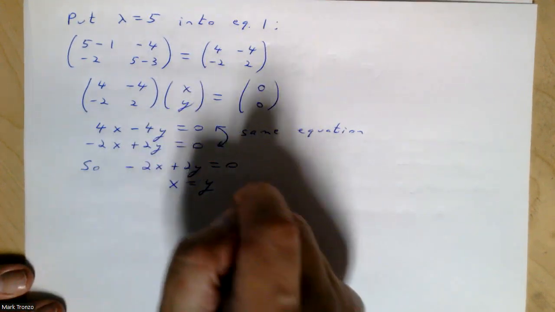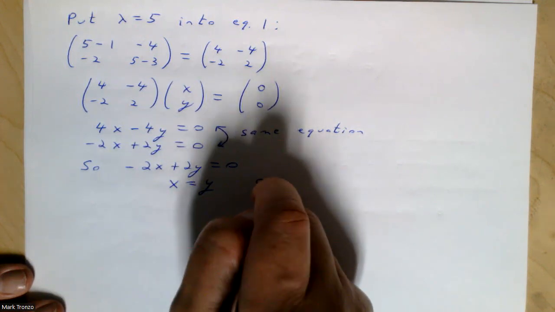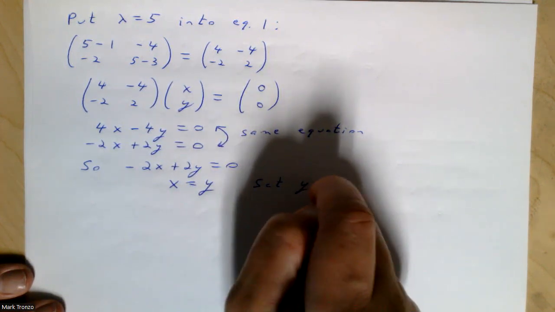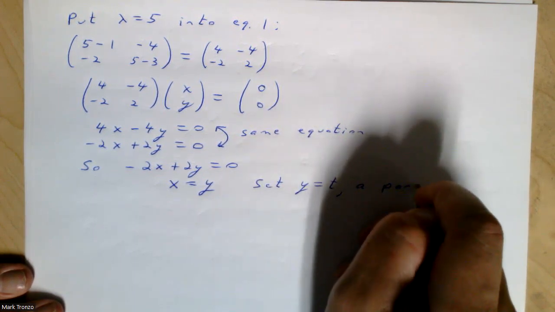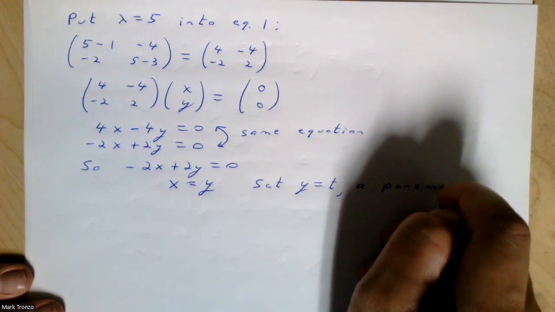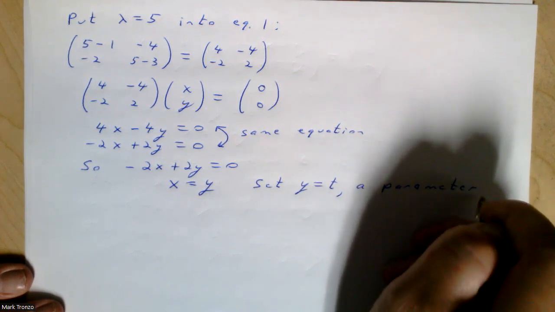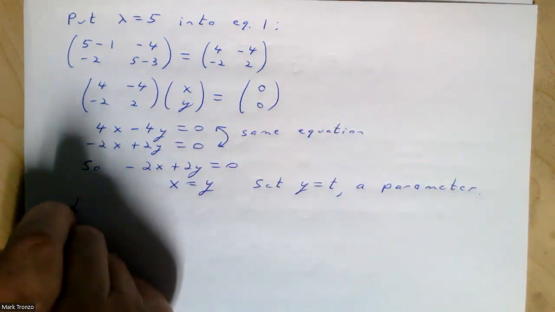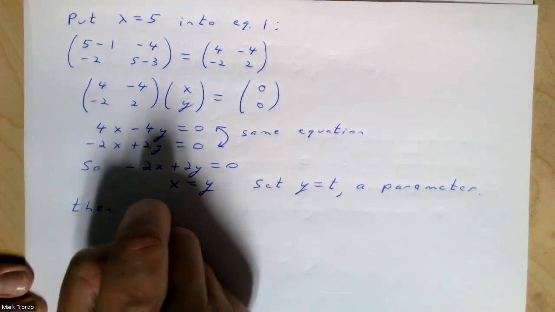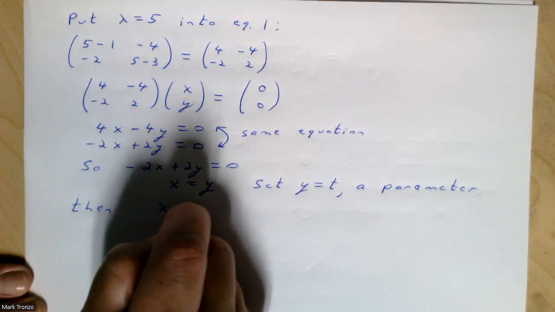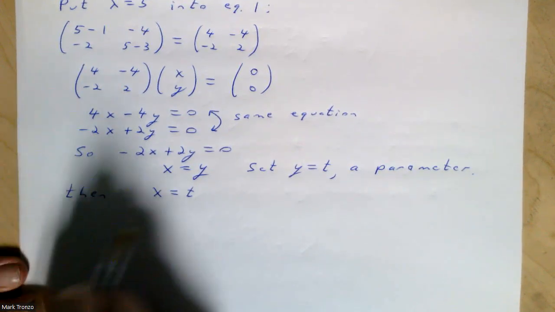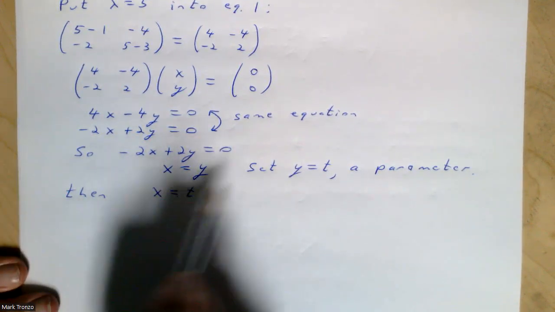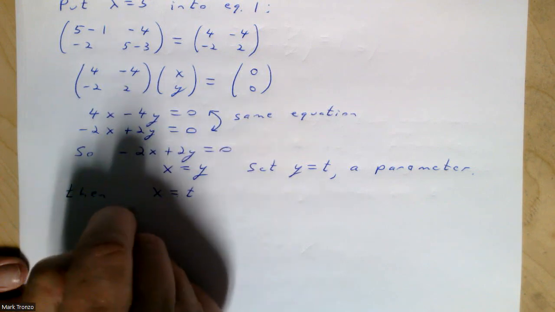So once again, set y equal to t, a parameter. Then x equals t. So again, x equals t, y equals t.